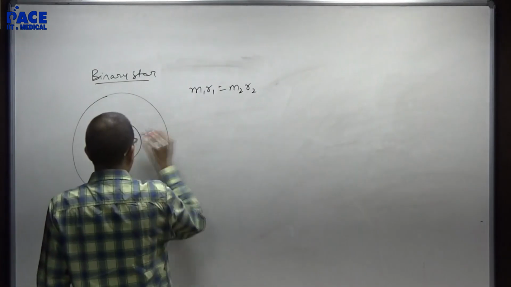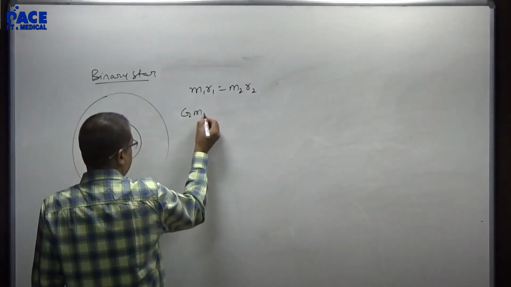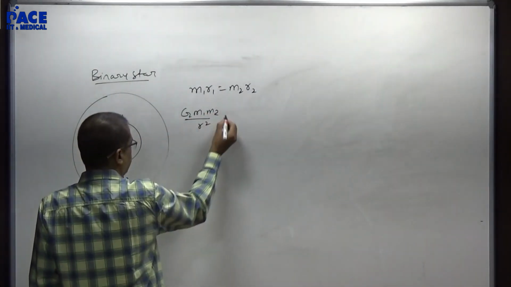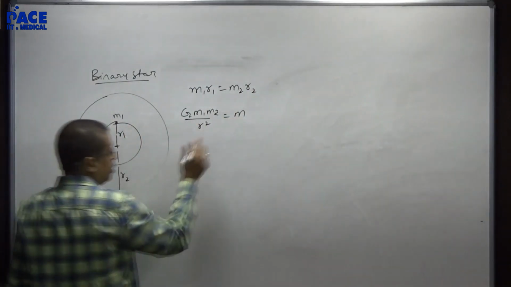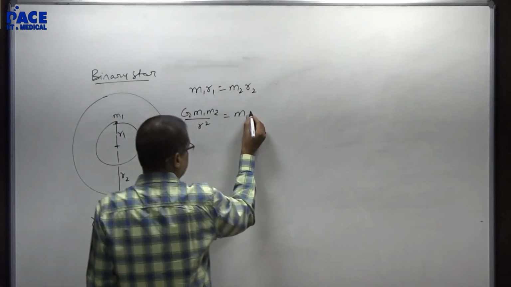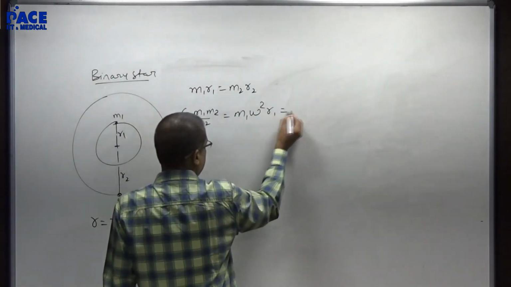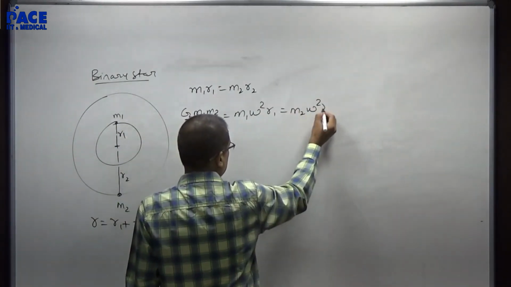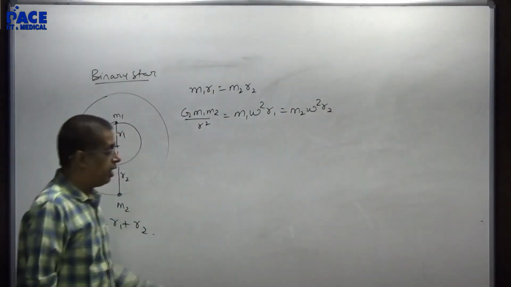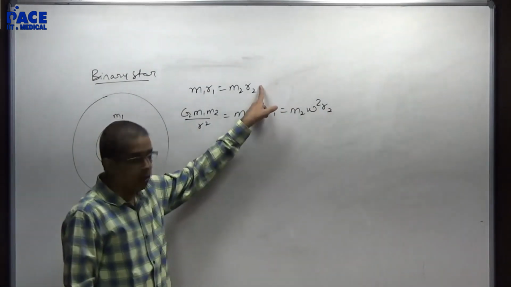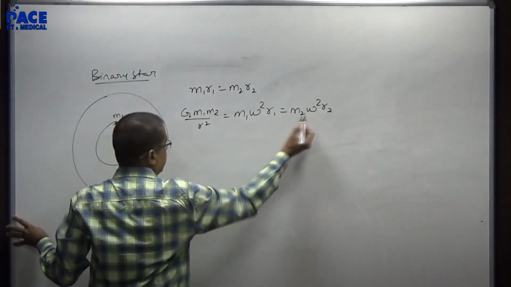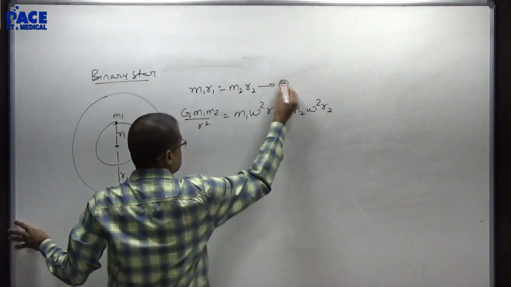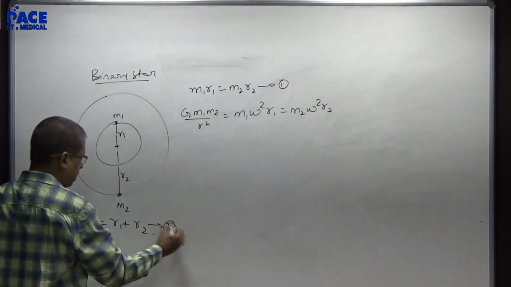The other way of looking at it is G M1 M2 by R square provides the required centripetal force for this as well as this. So M1 omega square R1 should be equal to M2 omega square R2, and hence I will get M1 R1 equal to M2 R2, right? So this provides the required centripetal force. I will take this as the first equation and this as the second equation.